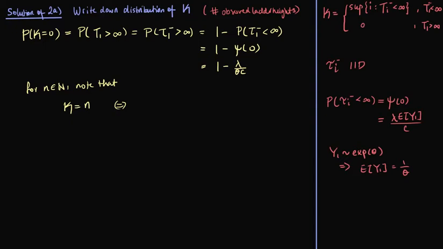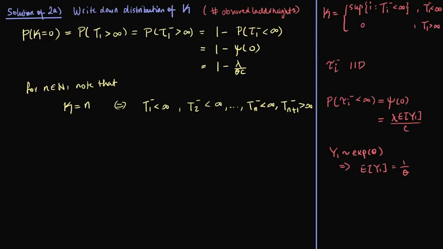So k is equal to n if and only if t1 is less than infinity and t2 is less than infinity, and so on, and the nth ladder time is less than infinity, whereas the n plus first ladder time is infinite, because then you observe all in all n ladder heights.